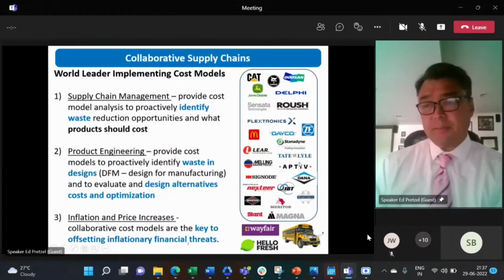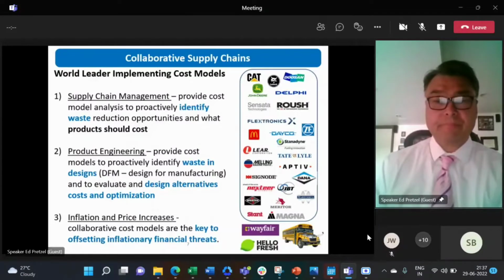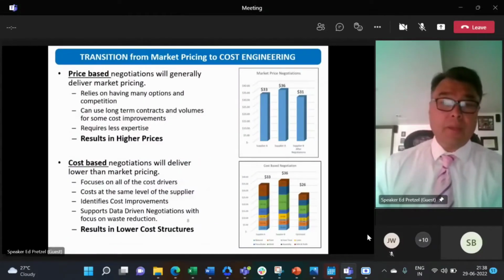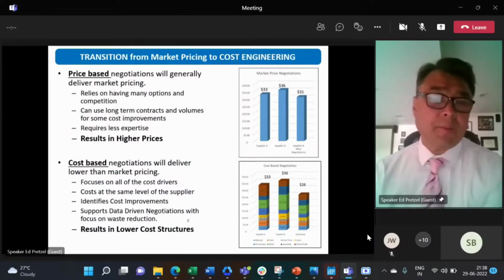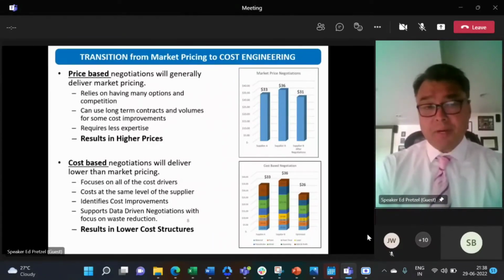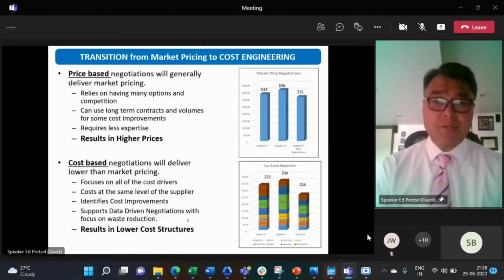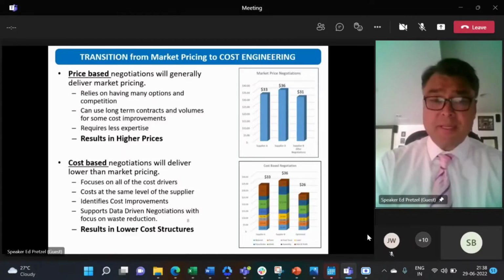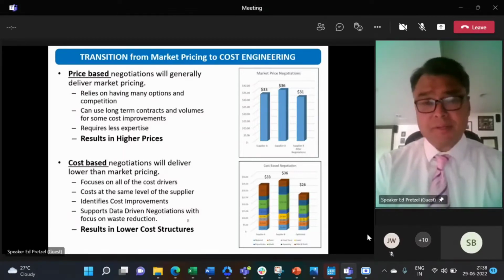To the right, you'll see some of our bigger customers. In general, we transition companies from just typically managing costs through market pricing. Market pricing relies heavily on having options and competition. It requires less expertise, but the results are higher prices.